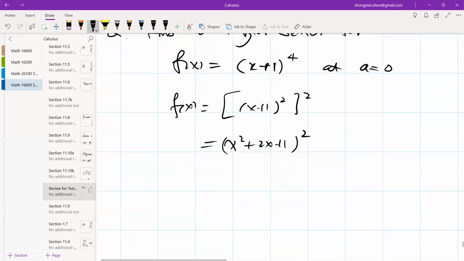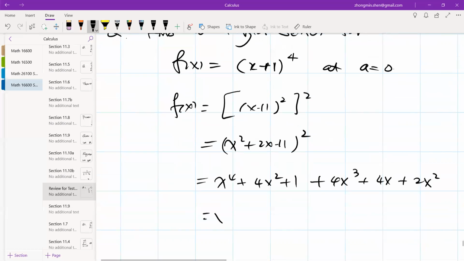Okay, you know how to square the three terms: x to the fourth, 4x squared, plus 1, and then twice the cross terms.